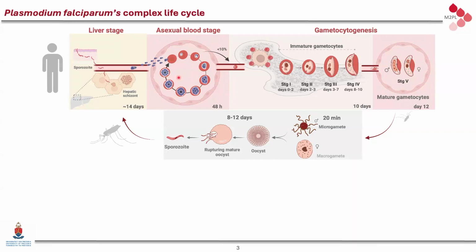But apart from this asexual proliferative stage, some of the parasites transition into sexual differentiation, where they progress through stage 1 to mature stage 5 gametocytes, forming mature male and female gametocytes, which can then be taken up by a feeding Anopheles mosquito. Once in the mosquito, they form male gametes and female gametes, which then fuse to form an oocyst, and within these oocysts thousands of new sporozoites are produced, and this entire cycle starts again.